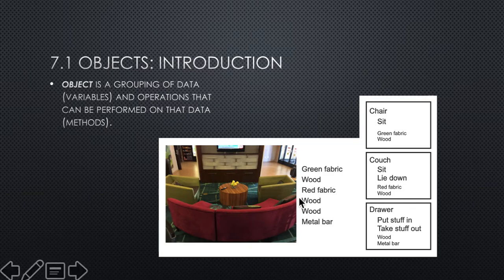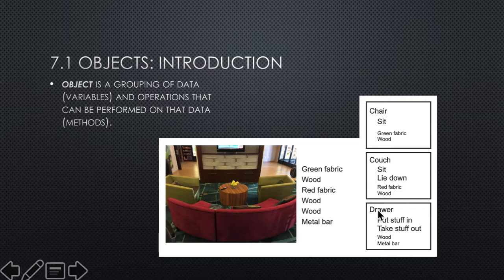Over here, you see the example of a living room where we have green fabric, wood, red fabric, wood, and metal bar. So they're being grouped. Green fabric and wood is the chair, and these are basically the variables.